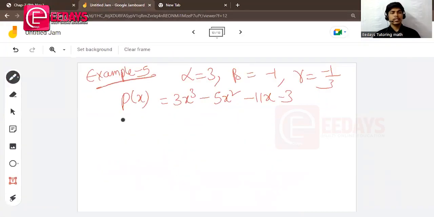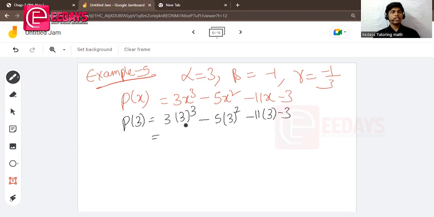Let's substitute over there. So P of 3 is nothing but 3 into, in the place of x you just substitute 3, minus 5 into 3 whole square, minus 11 into 3, minus 3. 3 into 3 cube. So 3 cube is nothing but 27. 27 into 3 you will get 81. 3 cube is 27, 27 into 3 you'll get 81.